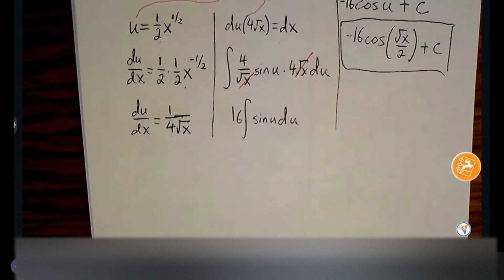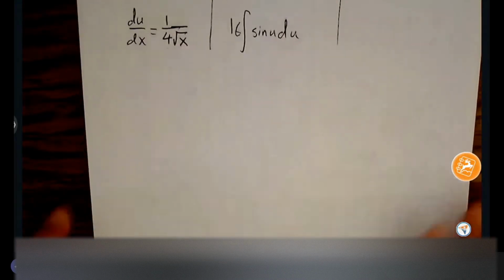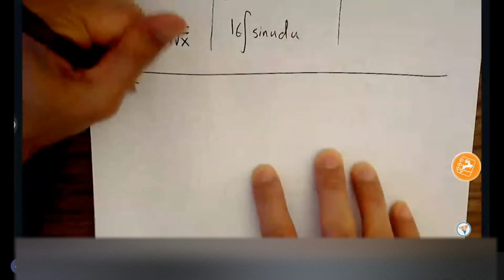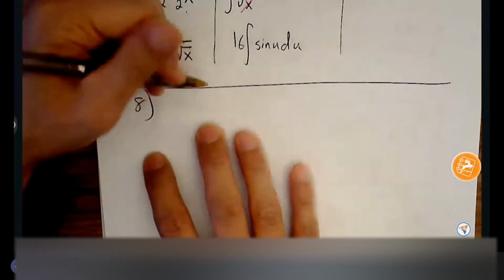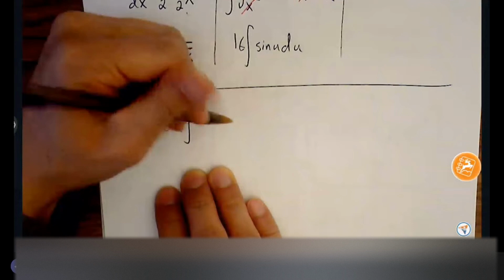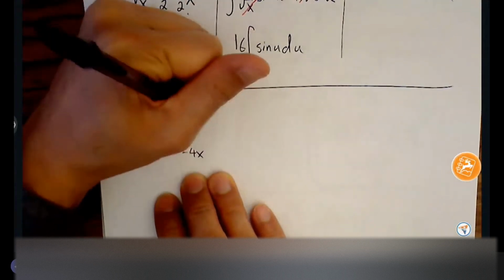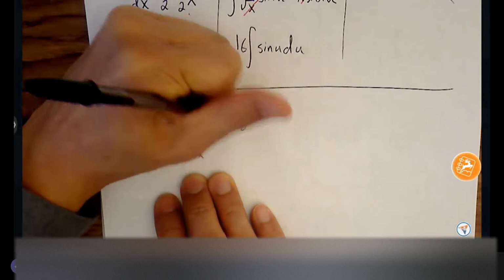All right, let's do a second fundamental theorem problem here. This is number 8. Find the derivative of the definite integral from negative 4x to root x of 1 minus t squared dt.